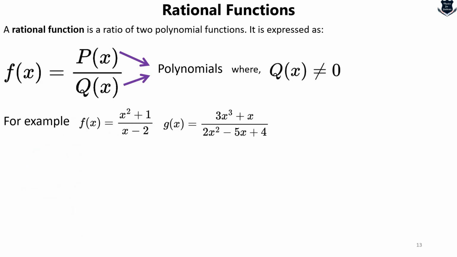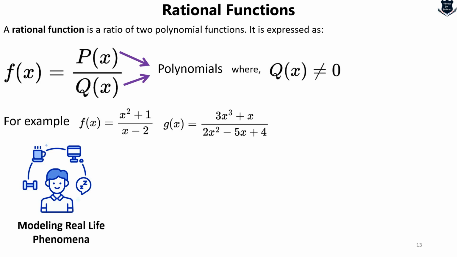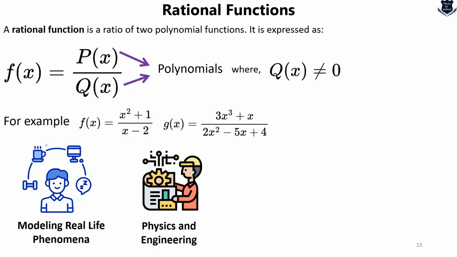Now, if I talk of the usage of rational functions, yes, it is important for modeling real life phenomena. Rational functions appear in contexts where one quantity depends on another in a way that involves division or proportion. For example, speed as a function of time or distance. The second one is physics and engineering, where it becomes extremely important.